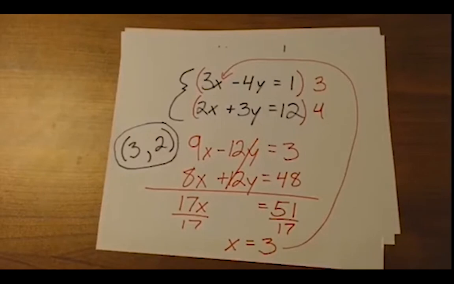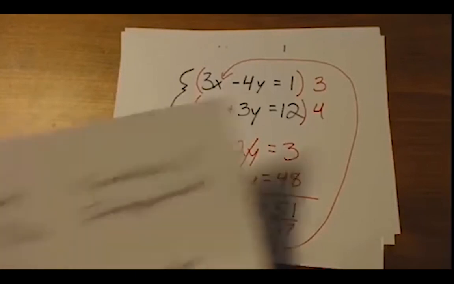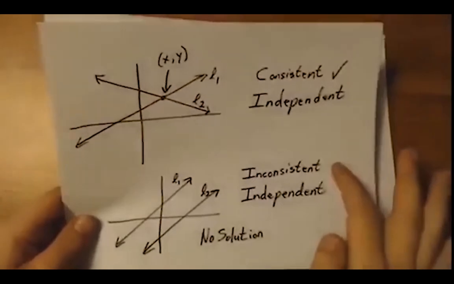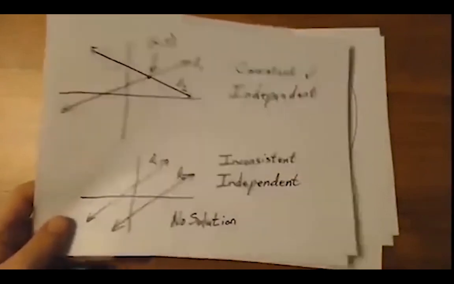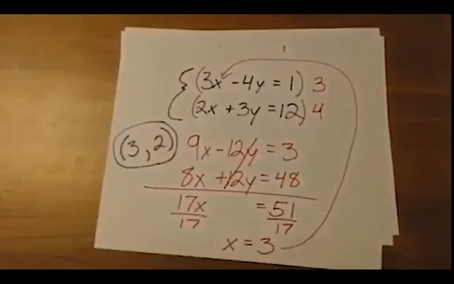Now, let's look at some special systems. Example 3 says solving an inconsistent system. What did inconsistent mean? Inconsistent meant that there is no solution. If we graphed it, it would be parallel lines that never intersect.